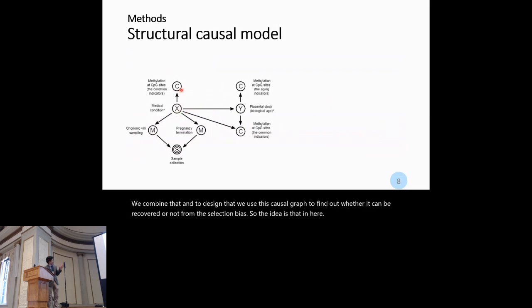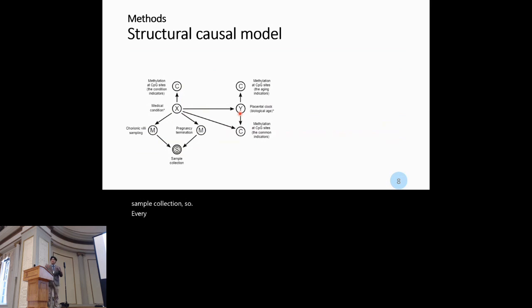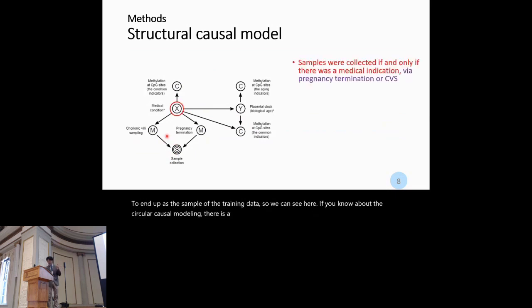What we try to predict is, we use this methylation to predict this biological age, but it's not exactly the biological age, because it's actually the gestational age at sample collection. So every medical condition that leads to termination will very likely end up as a sample of the training data. If you know structural causal modeling, you can see there is a path between the sample collection process and the placental clock.